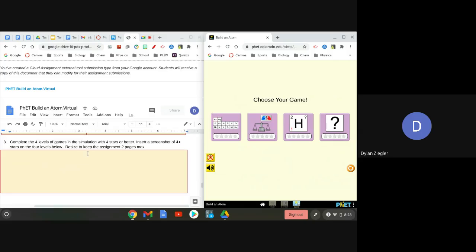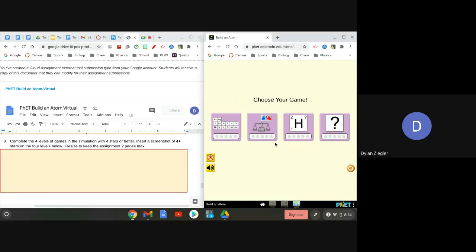Insert a screenshot of, so once you're done, if I do this, it'll show me how many stars I get. At the very end, you can take one screenshot of all of these. If you're not going to do it all in one sitting, which I think you could all do right now, but if you're struggling with it, make sure you take a screenshot of maybe levels 1 and 2, or whatever you get done.